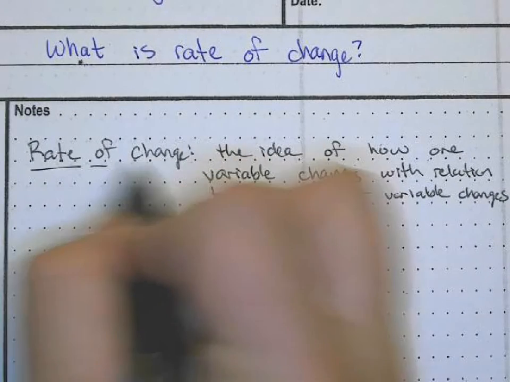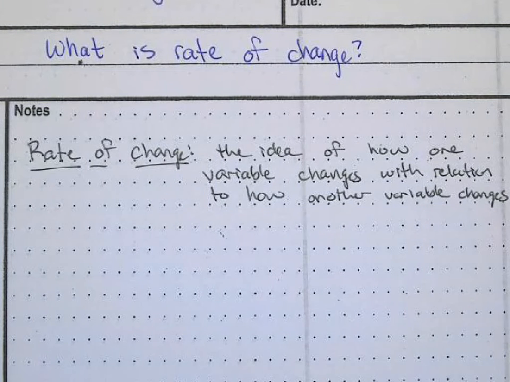So rate of change is the idea of how one variable changes with relation to how another variable changes.